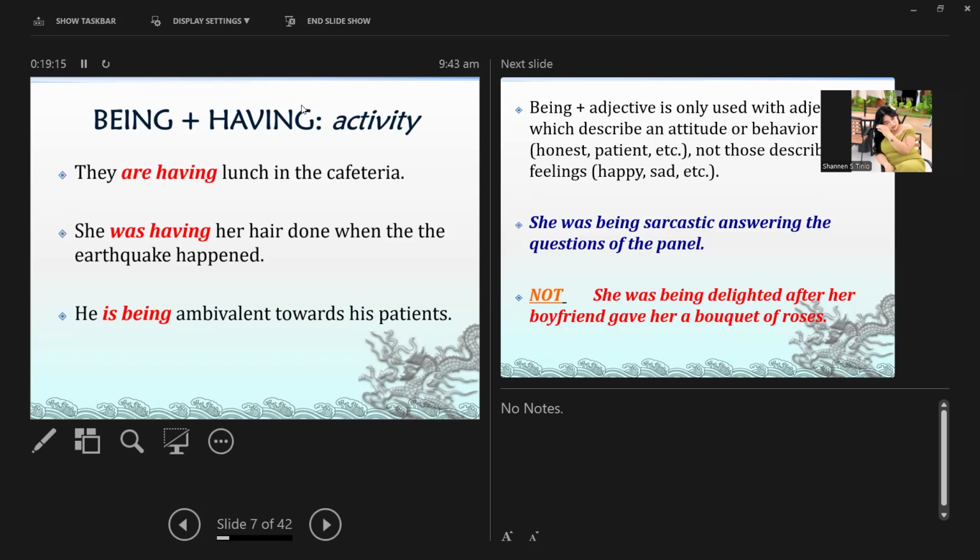Kung past tense, paano? They have had lunch, okay? So she was having her hair done when the earthquake happened. Okay, she was, this is in past tense. Kahit na may ing yung having, past tense pa rin because the be verb that we use is was.